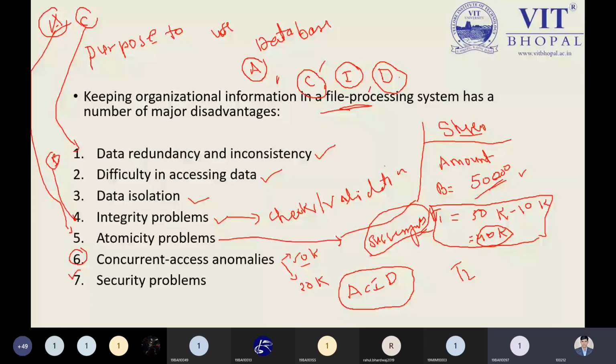If you don't have any idea, then you can say no, and I will not bother about it. Okay, sir, I'll try. It is written over there. Integrity problem means we are talking about checks and validation.